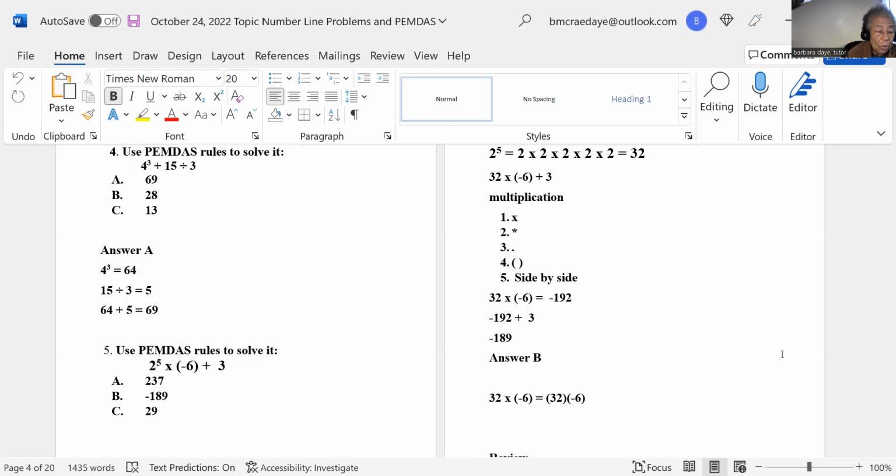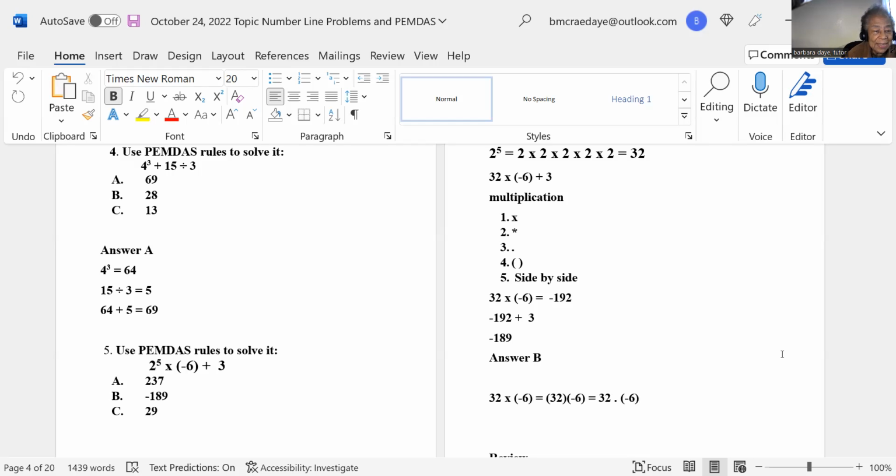Or you could put a dot. And it's usually a bigger dot. 32 times negative 6. And the negative you put in parentheses because it's not positive.